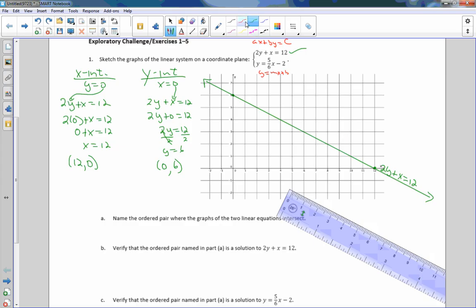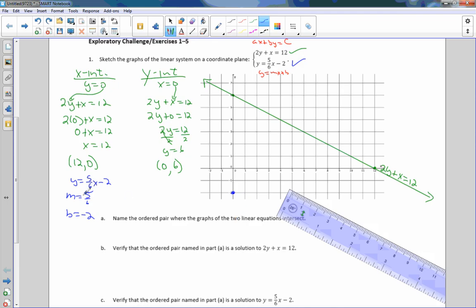Okay, now I'm going to graph this line using slope-intercept form. So if I have y equals 5 over 6 x minus 2, my slope, or m, is 5 over 6. My b, my y-intercept, is negative 2. So we always plot our b first. It's right here at negative 2.